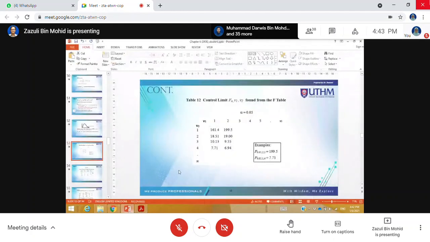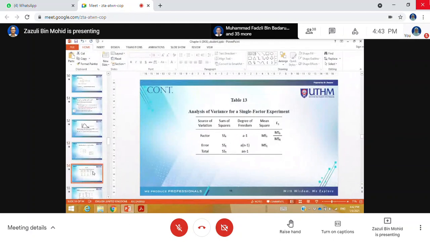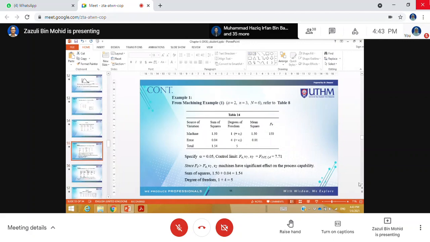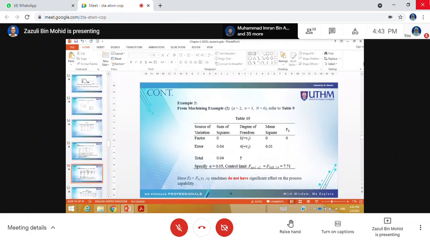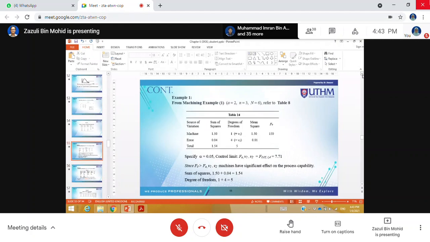So from these calculations, you can rearrange all of the values in the table as shown in this slide, which is table 13. If we do it, we will have a table like this.